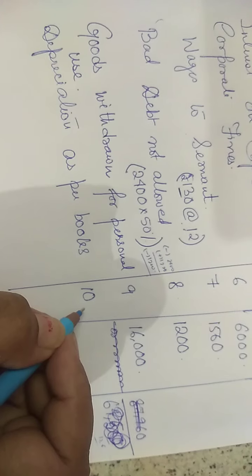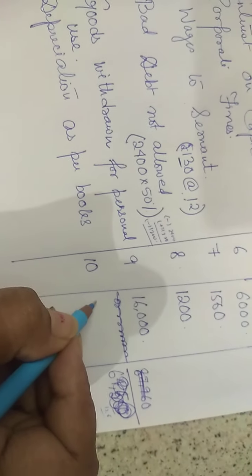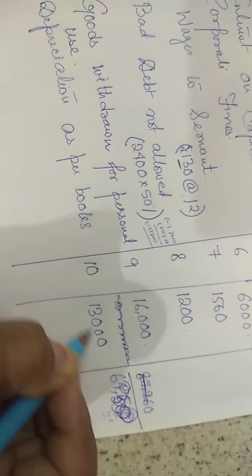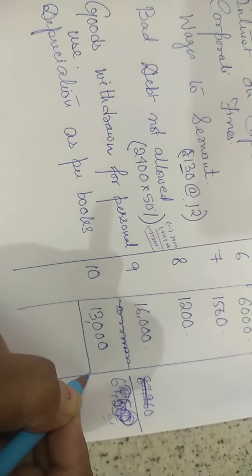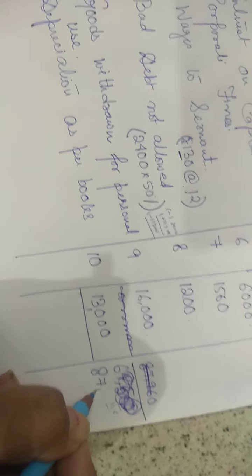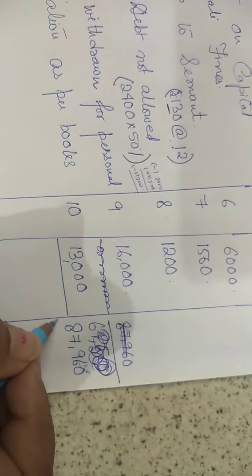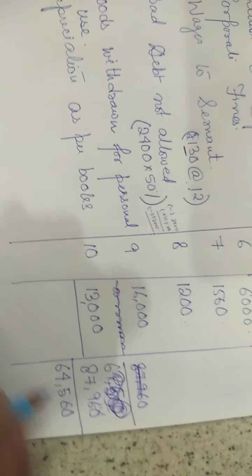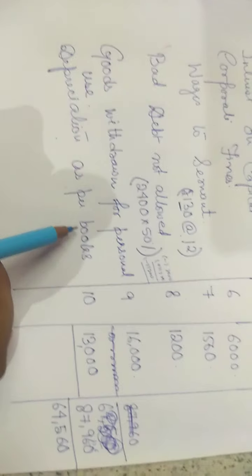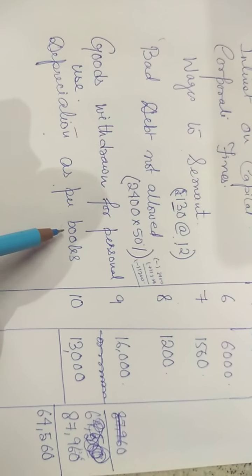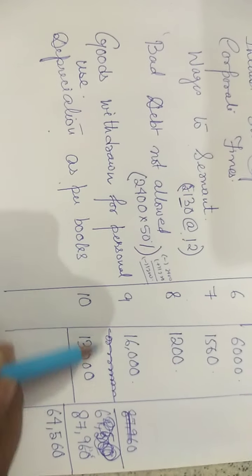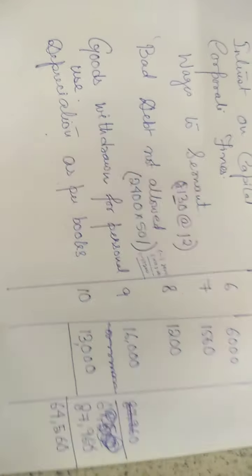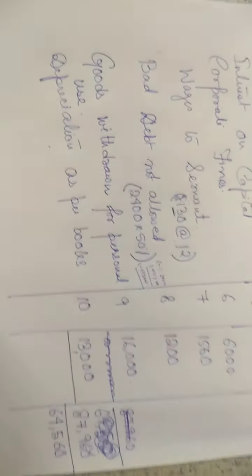Only that depreciation which is calculated as per Income Tax Act, means whose calculation we have learnt, only that can be deducted. So we will add back depreciation as per books of accounts, and we will deduct depreciation as per IT Act. Is it clear? Depreciation as per IT Act has been told over here. Whatever depreciation is calculated as per books of account will be added back over here, and we will obviously deduct depreciation, but that depreciation which is computed as per IT rules, right?